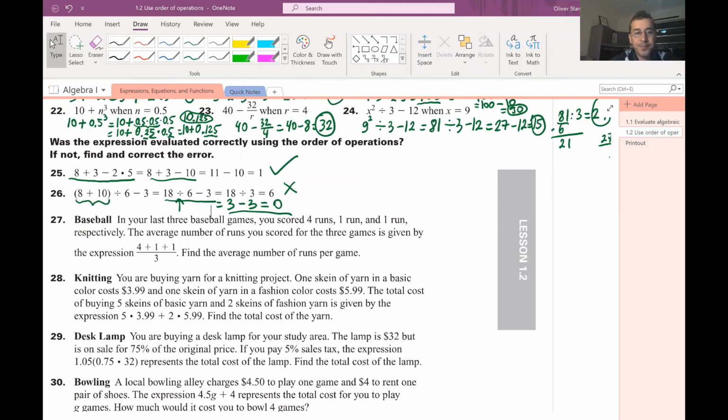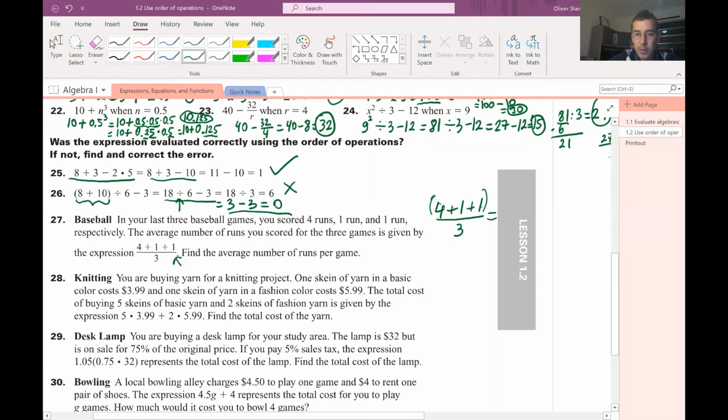So you just have to solve this expression. It's 4 plus 1 plus 1 divided by 3. In a way, this is like in parentheses here. So we have to treat this as in parentheses.